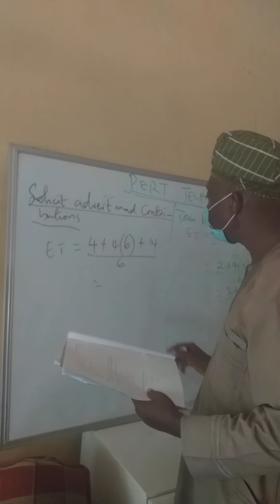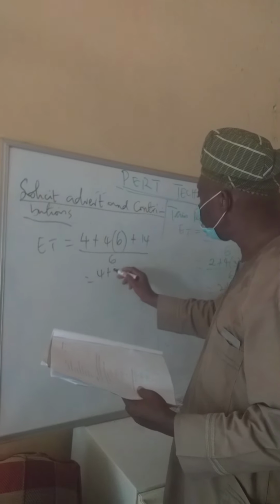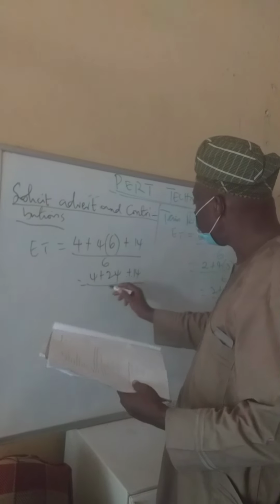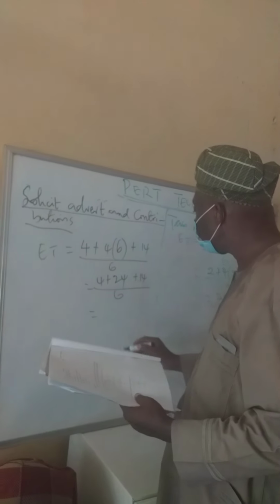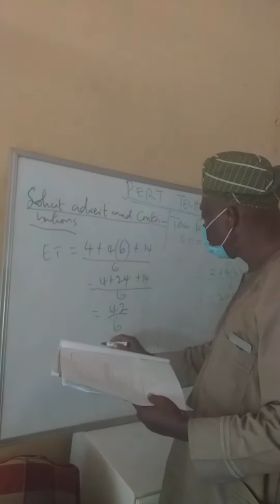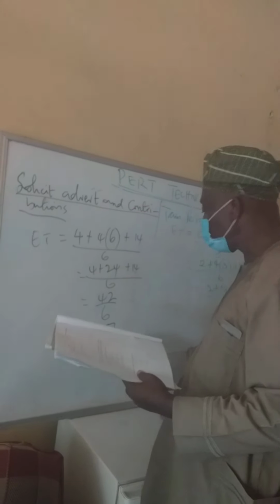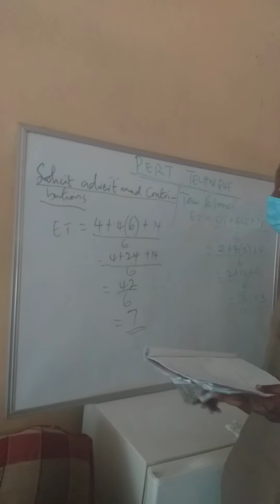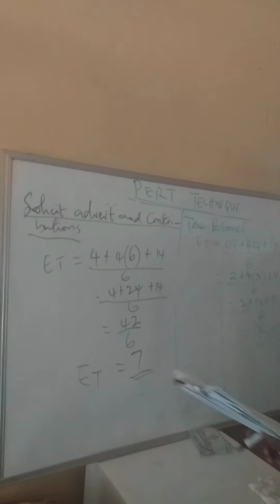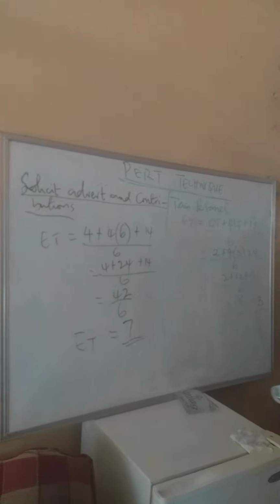And this one will give 4 plus 4 and 6 is 24 plus 14 all over 6. This one will give 42 divided by 6. And this one will give you 7. So the expected time to solicit advertisement is 7 months.